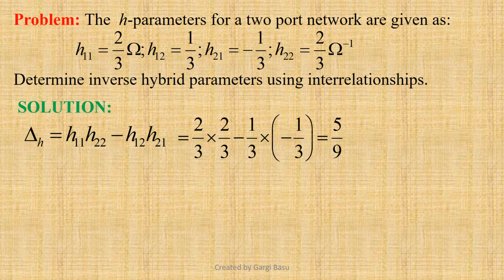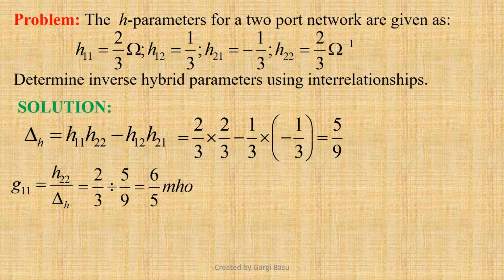Now let us use the interrelationships. We know G11 equals H22 by delta H. Therefore 2/3 divided by 5 by 9 equals 6 by 5 mho. Now G12 equals minus H12 by delta H. Putting the values we get minus 1/3 divided by 5 by 9 equals minus 3 by 5.